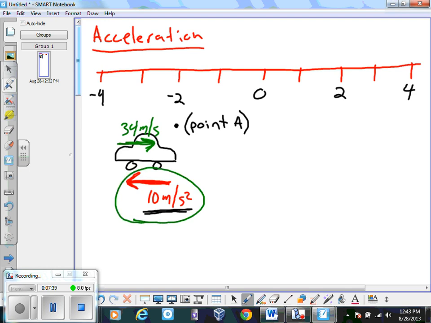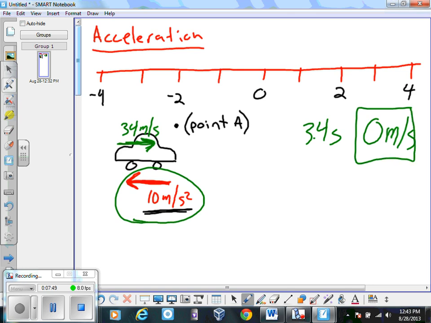So we know in 3.4 seconds, my velocity is going to be 0 meters per second. So what's going to happen at that time? How long will the car stop is number 2.